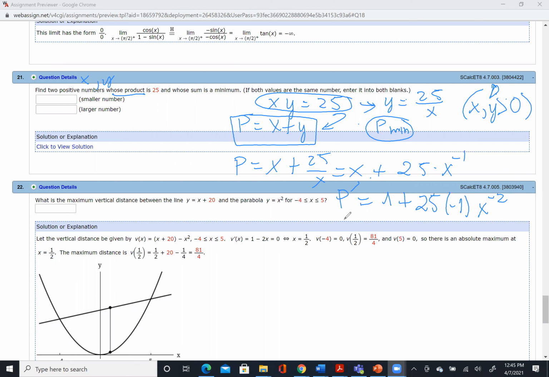Now I have p derivative equal to 1 minus 25 times x to the power -2. I can convert it and make it become 1 minus 25 over x squared like this, right? See that?